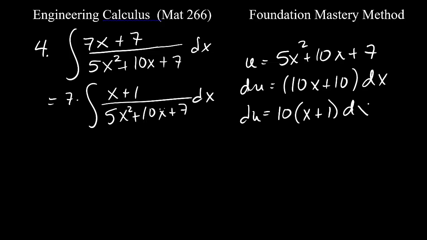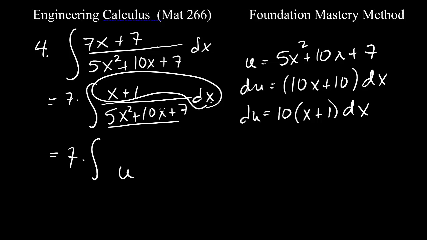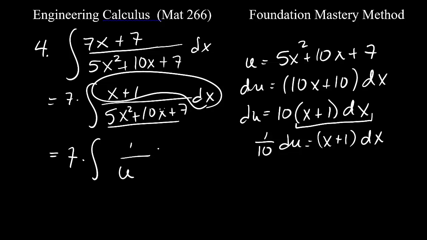So now, going back to our problem, if we make the substitution, replacing the 5x squared plus 10x plus 7 with u, we'll see that what we have remaining is an x plus 1 dx. And over here, we see that x plus 1 dx is equivalent to 1/10 du. So we can replace the x plus 1 dx with 1/10 du.